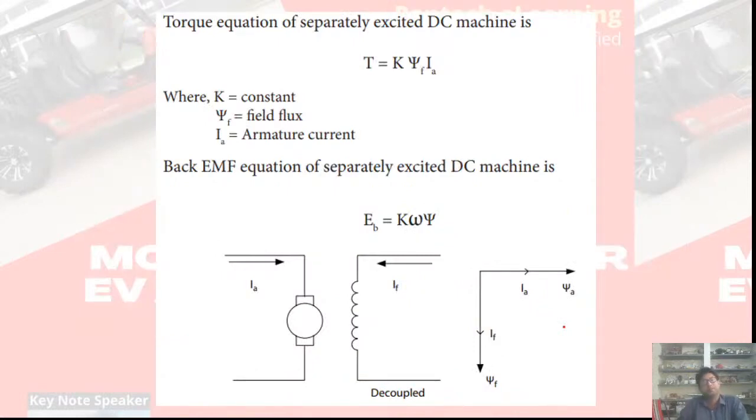Now coming to the torque equation of separately excited DC machine. If you remember our first lecture, I have told the combustion engines cannot operate with constant torque for all the RPM.